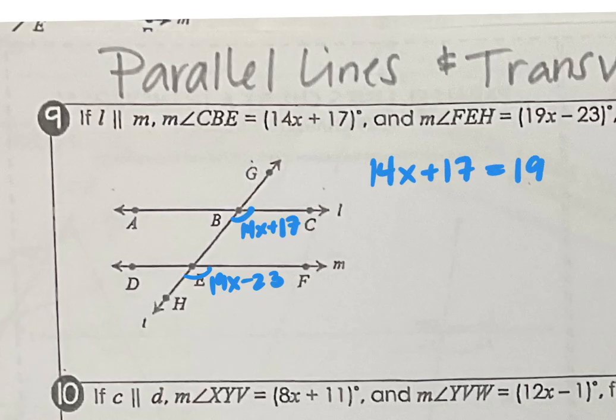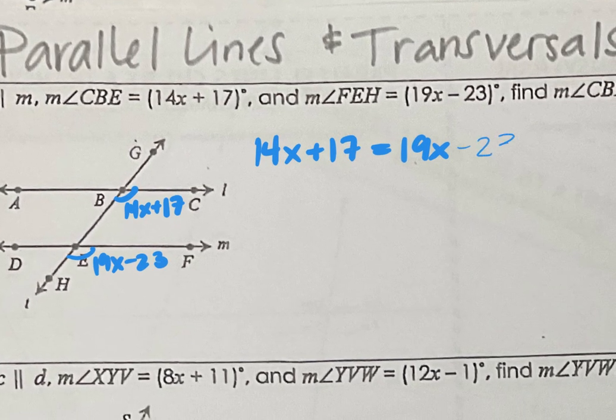My old teacher, Miss Wells, I love her. She was my school mom. She has the same name as my mom. She taught me there were different letters that they made. I think C was either same side interior or exterior for both. The F, when you drew lines, that was corresponding.